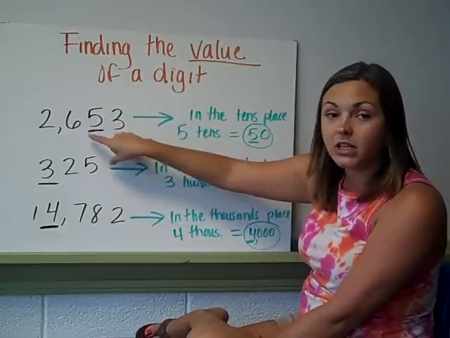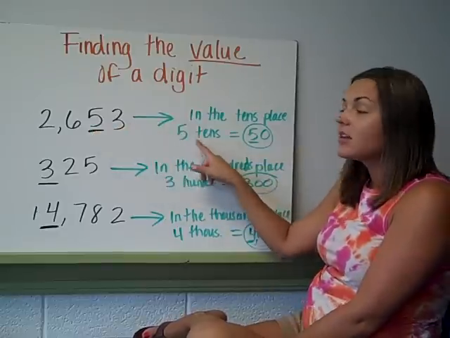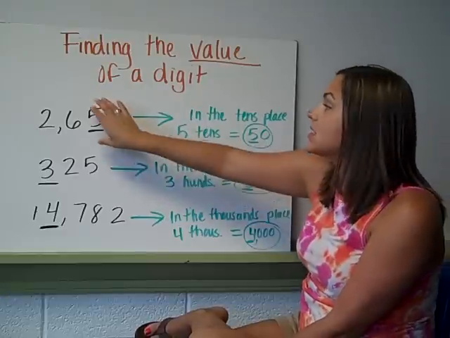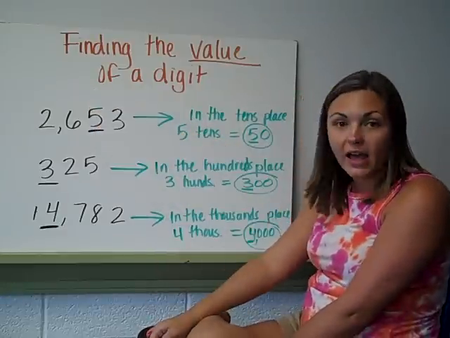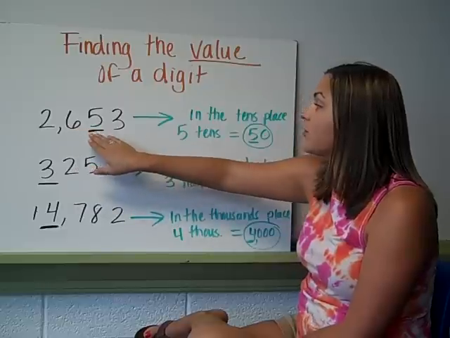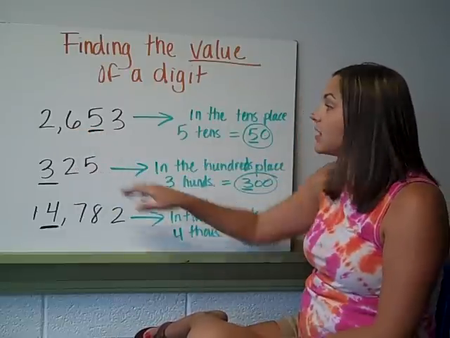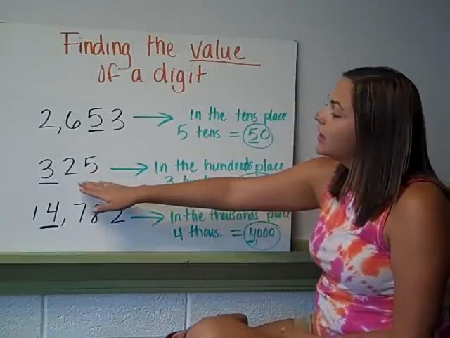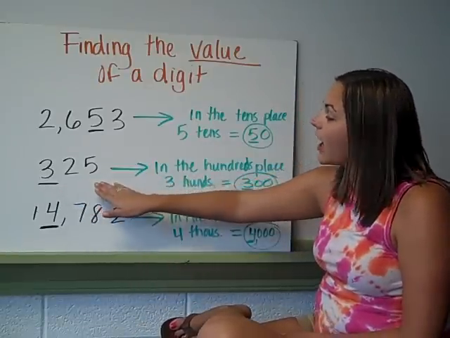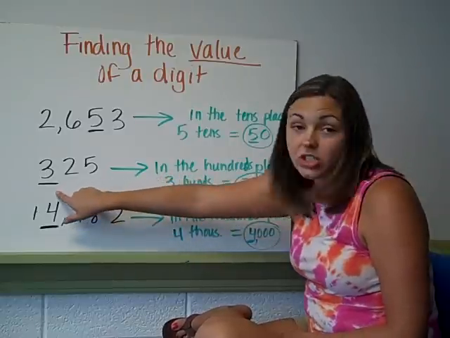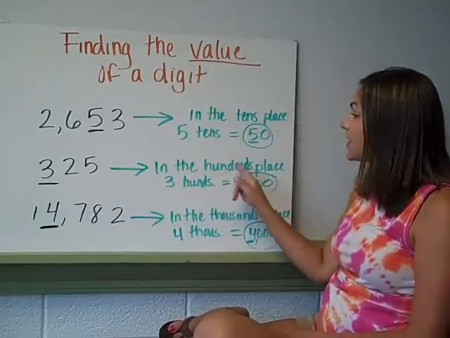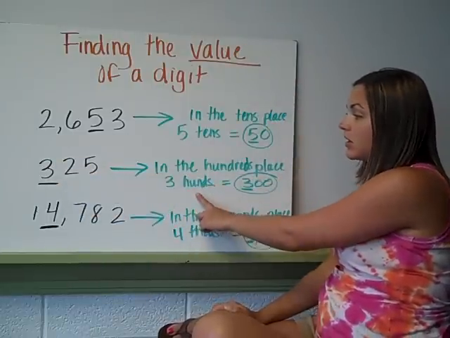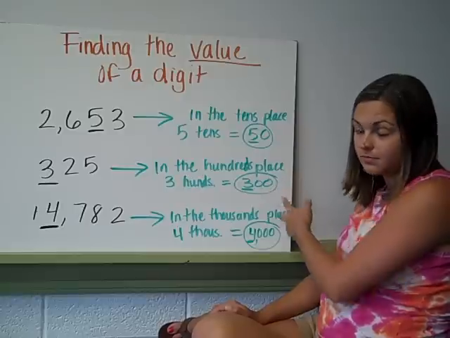So 5 tens, the value of that 5, is 50. In this number, 325, the 3, which is underlined, is in the hundreds place. So the value of that 3 would be 3 hundreds, which is 300.